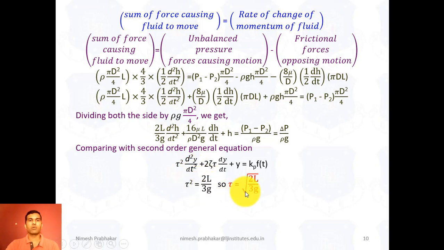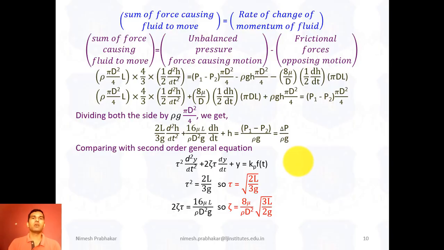So we know tau equals under root 2L by 3g, and 2 zeta tau equals 16 nu L upon rho d square g. So we get zeta equals 8 nu upon rho d square under root 2L upon 3g. So this is an example of a second order system. Okay. So in this lecture we studied the second order system.